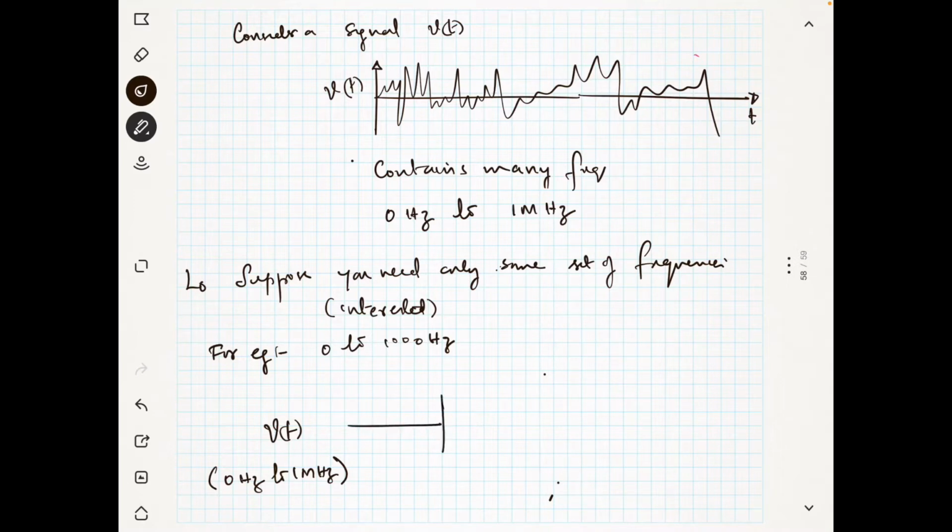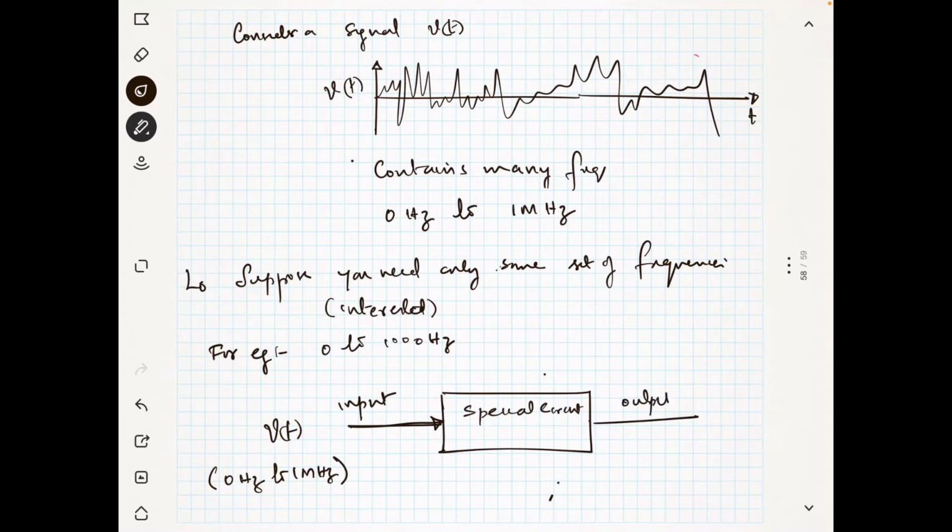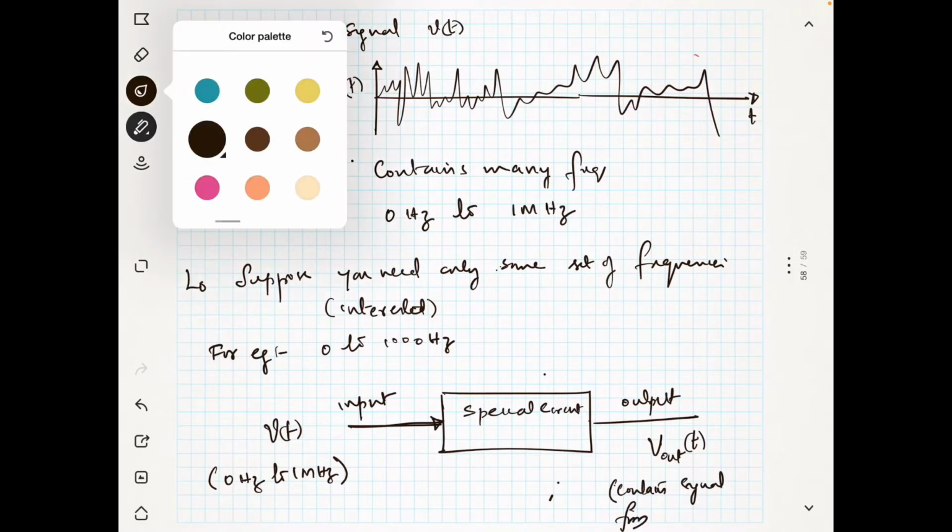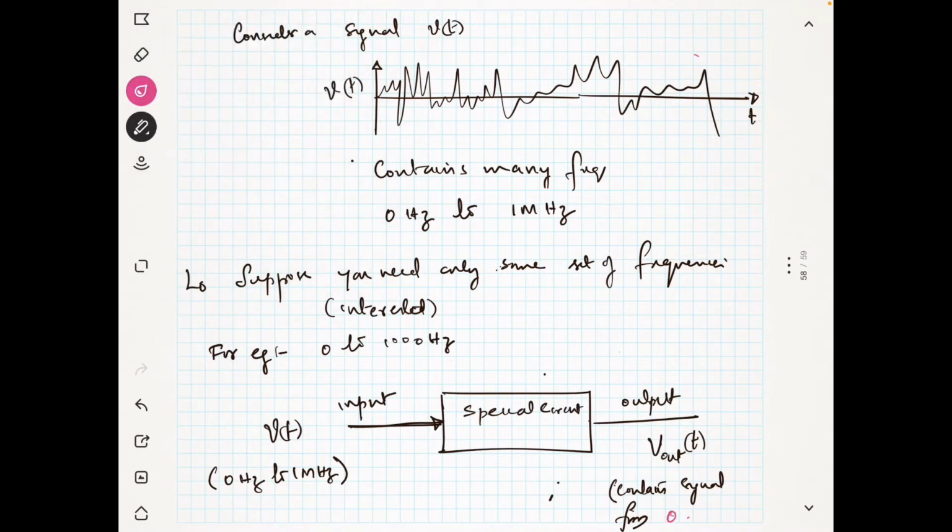You will use a special circuit. And if you pass your input signal through this, you will get an output signal, some V out of t, which contains the signals only from, for example, 0 to 1000 hertz.